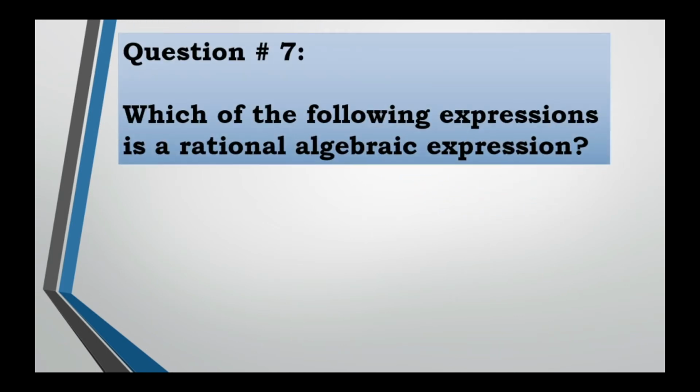Question number 7. Which of the following expressions is a rational algebraic expression? Letter A, x over the square root of 3y.